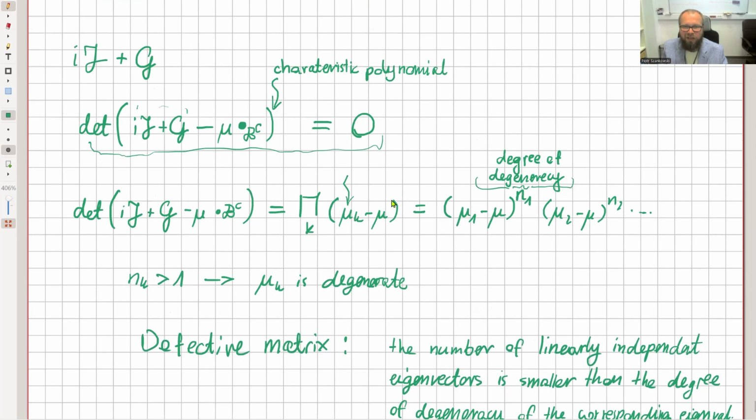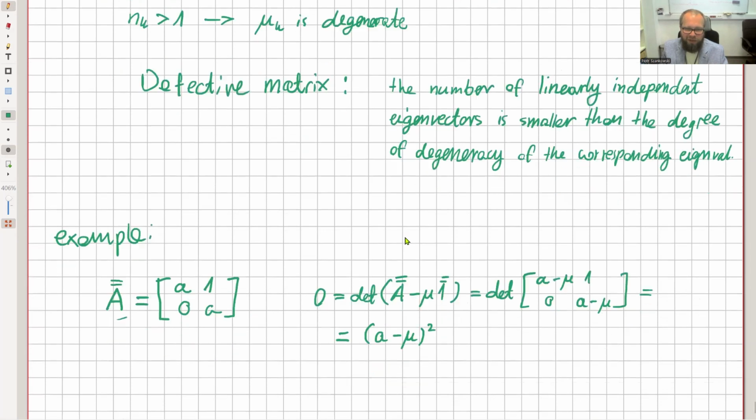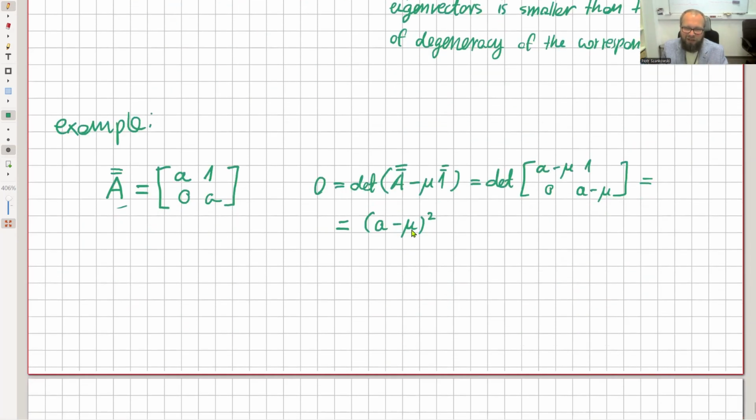It's cool because we don't have to find the roots, since we already have this canonical form. The roots are both equal to a, so we have degree of degeneracy 2.